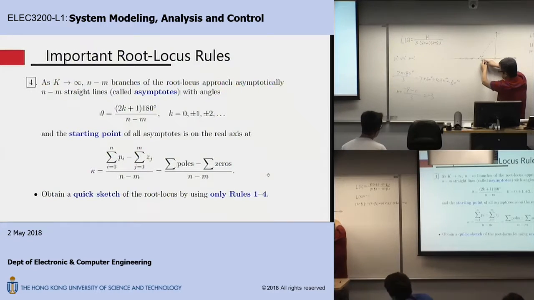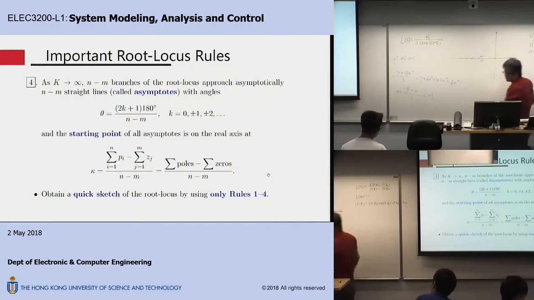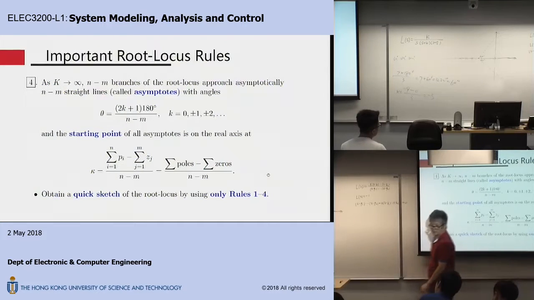Then they'll go into the complex plane. Actually, we'll have a non-zero imaginary part. We'll split. One will go towards that, one will go towards this. Okay. So that's a rough tendency we map.